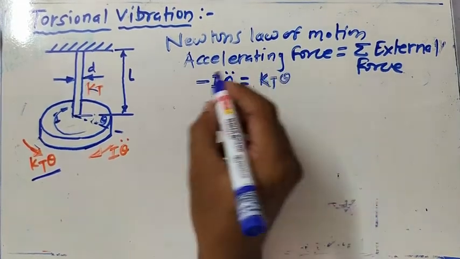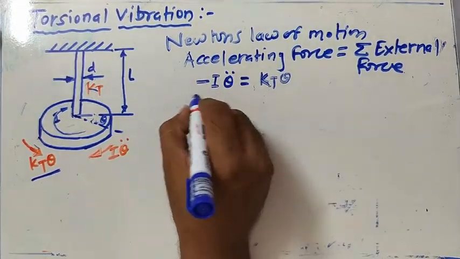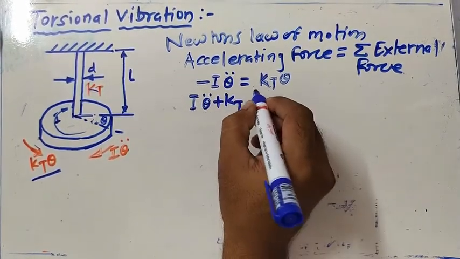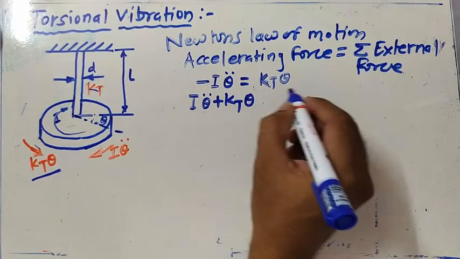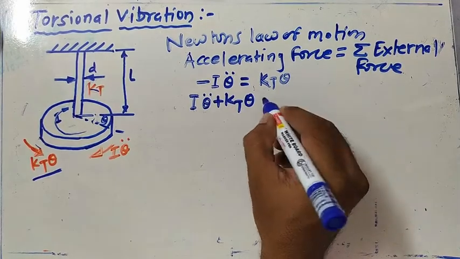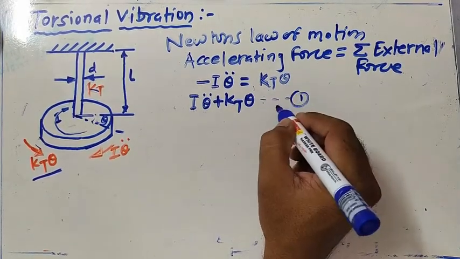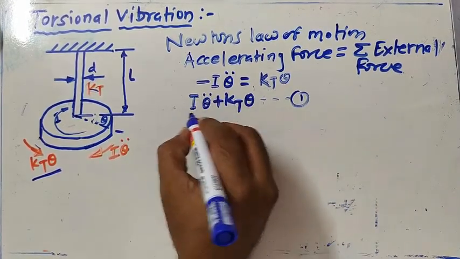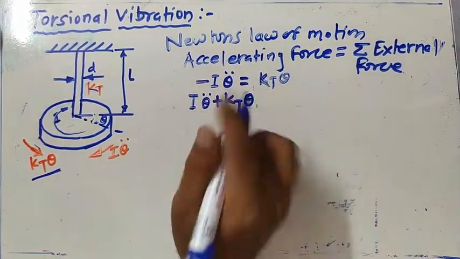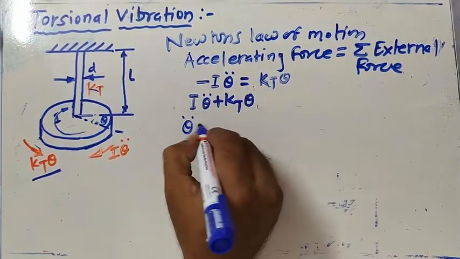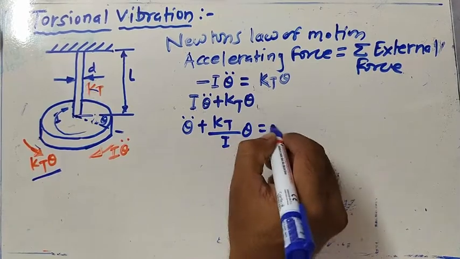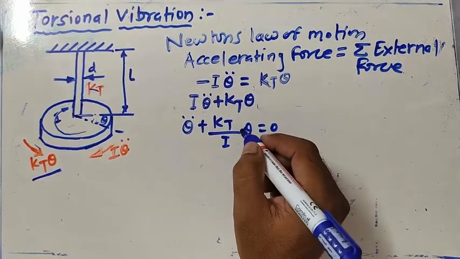So we get I theta double dot plus Kt into theta, equals 0. This is equation number 1.